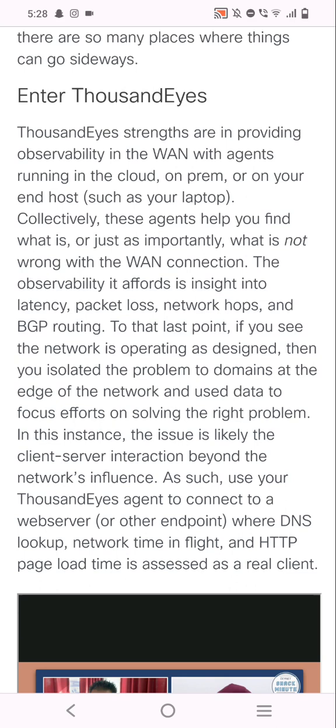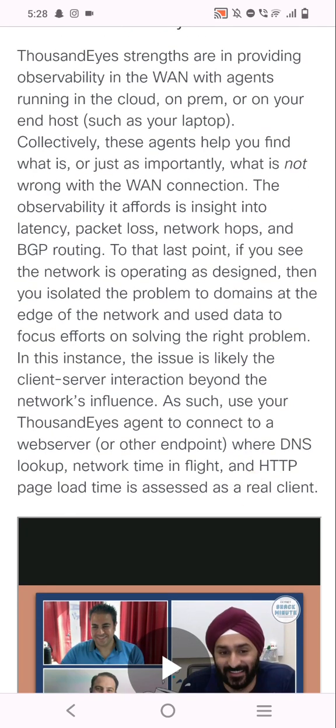The observability it affords gives insight into latency, packet loss, network hops, and BGP routing. To that last point, if you see the network is operating as designed, then you have isolated the problem to domains at the edge of the network and used data to focus effort on solving the right problem.